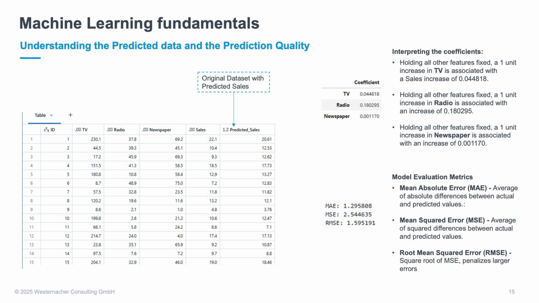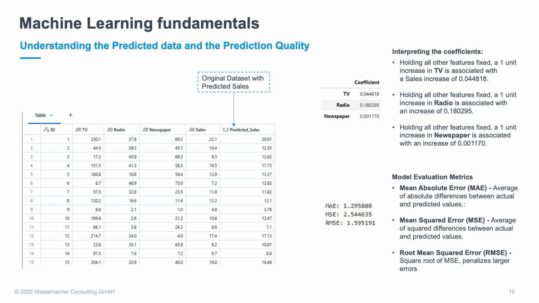Let's just focus on TV, radio, newspaper. If I hold radio and newspaper as constant and increase TV by 1 unit, what impact does it have on predicted sales? Let me just repeat again. Let's say I hold radio and newspaper constant. I increase the TV cost by 1 unit, then what impact will it have on predicted sales? So we're measuring coefficient for these three input parameters like TV, radio, and newspaper.